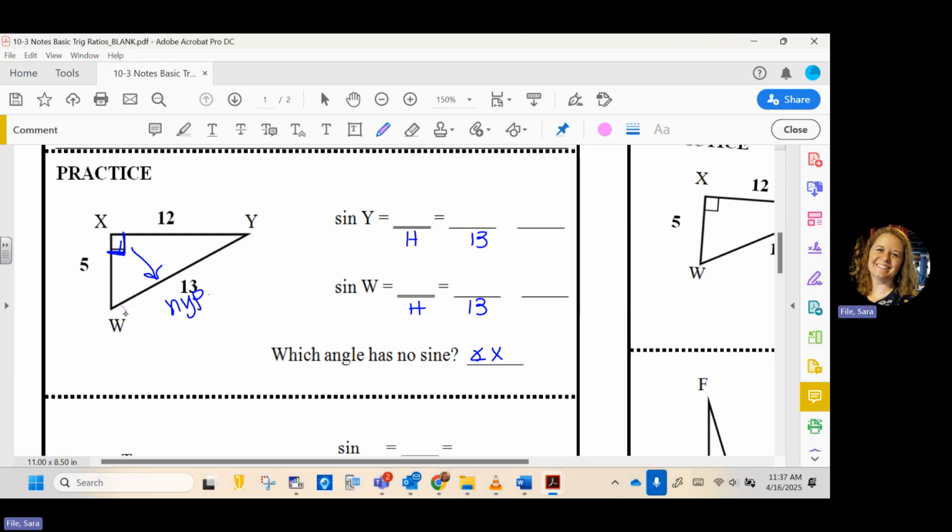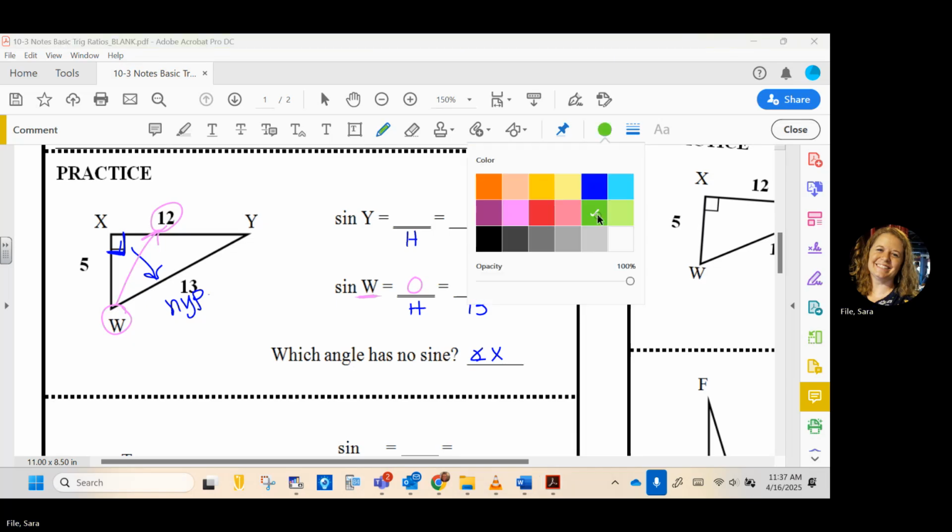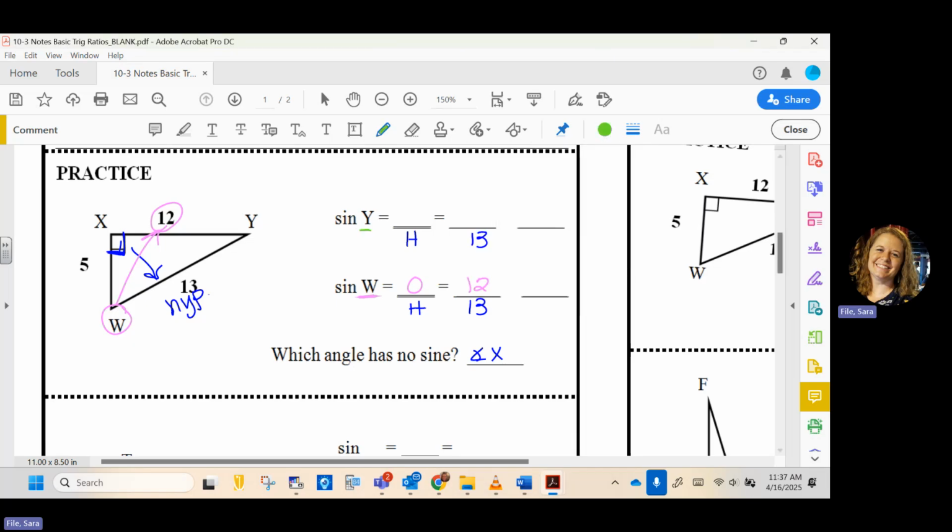Okay, now I'm going to pick one of those acute angles and identify what's opposite of it, which in this case is 12. So from angle W, the opposite side is a 12. So 12 over 13 is sine of W. If we were going from angle Y, opposite of angle Y is 5.